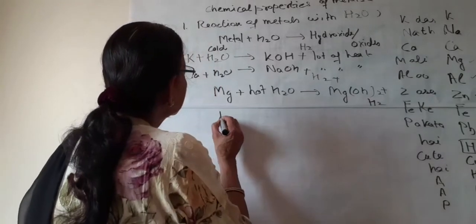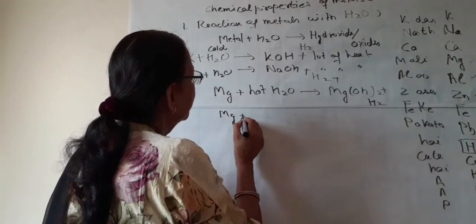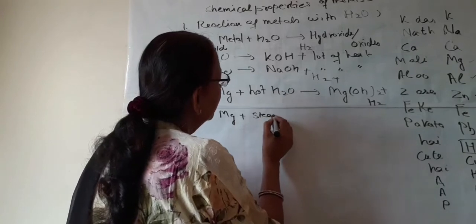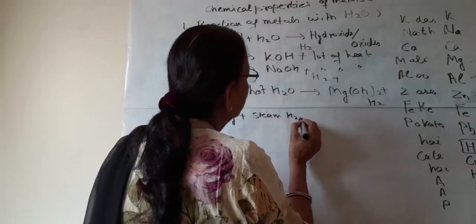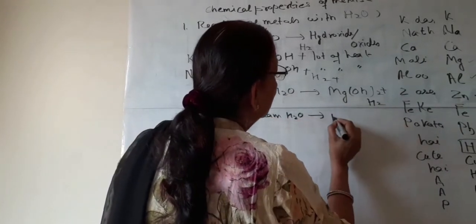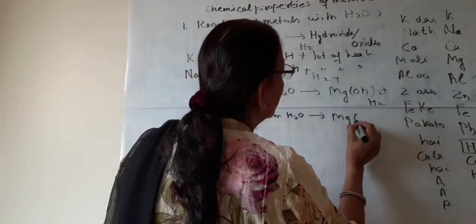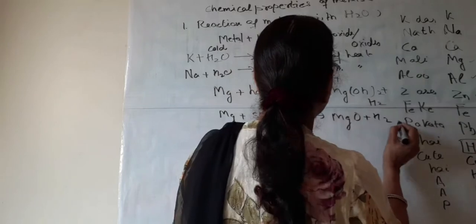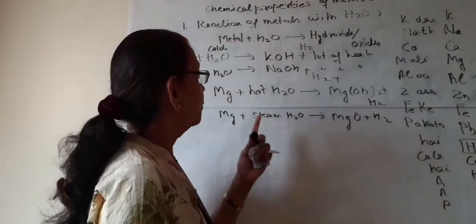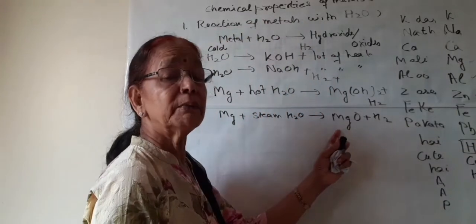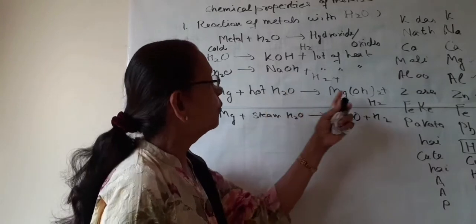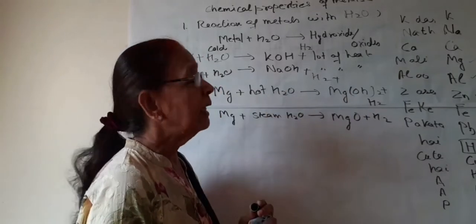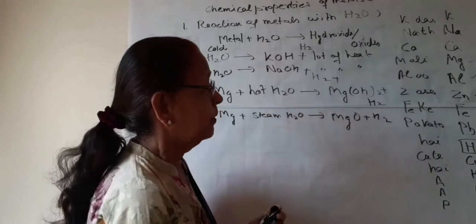But if this magnesium is reacted with steam, then instead of Mg(OH)2, magnesium oxide is formed and hydrogen is evolved. So with steam, magnesium gives oxide. With hot water, it gives magnesium hydroxide.